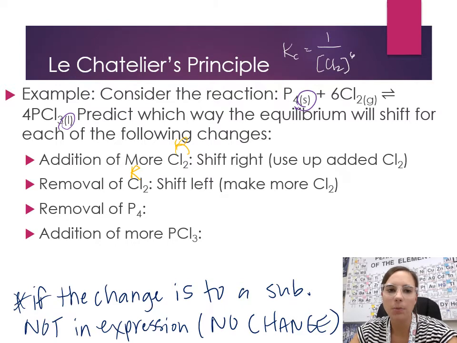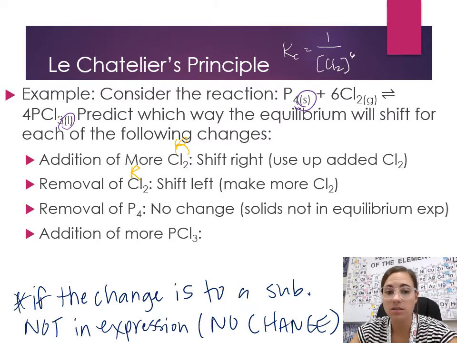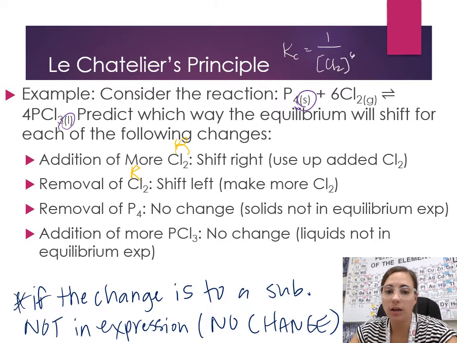So if I take out P4, it's not going to matter because it's a solid, so no change. And if I add PCl3, no change because it's a liquid. So only changes to aqueous and gaseous reactants and products are going to shift equilibrium, forcing us to shift right or left to restore it.